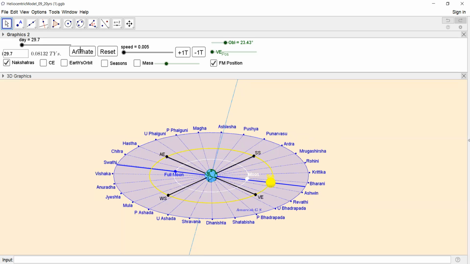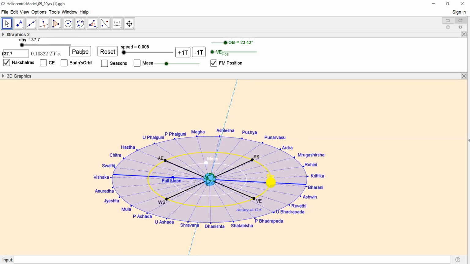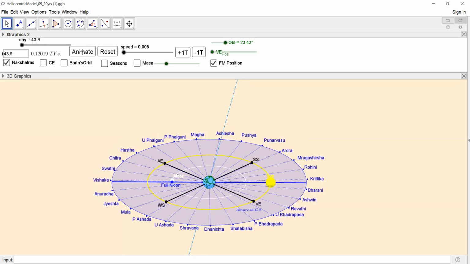And then we will go through another round, notice the nakshatra of the full moon, and make use of that to designate the name for the lunar month. For example, when I stop here, the nakshatra of the next full moon is Vishakha, and therefore we will designate that lunar month as Vaishakha Masa, or lunar month of Vaishak.